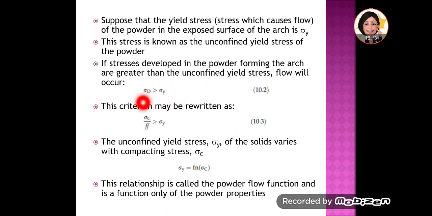This criterion can be rewritten like this: sigma d is replaced by sigma c over the flow factor. The unconfined yield stress of the solids varies with the compacting stress, so this yield stress is a function of the compacting stress of a specific powder.